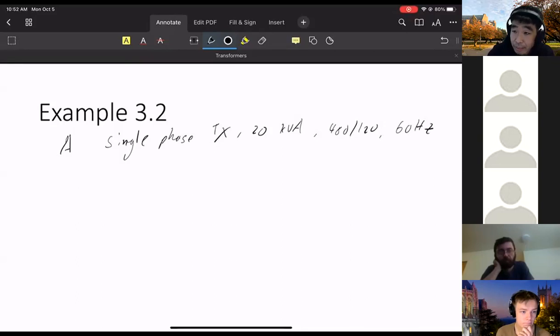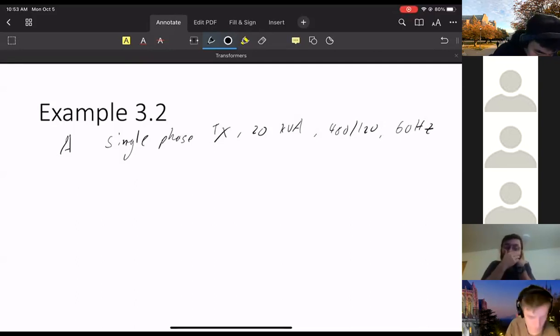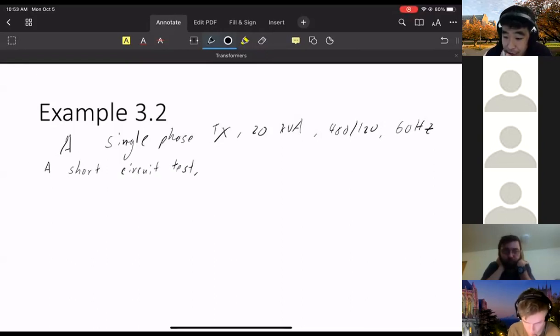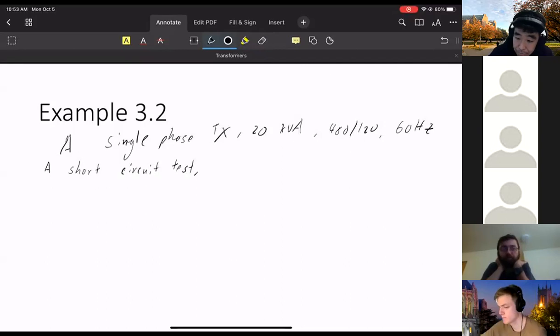Then basically we do the following. The idea is let's do a short circuit test. Okay, so we're going to do a short circuit test with this transformer.